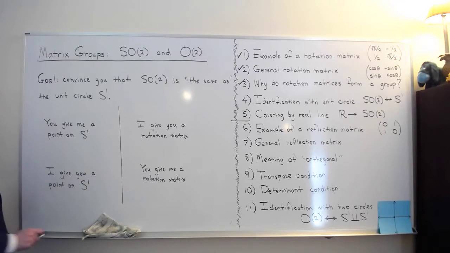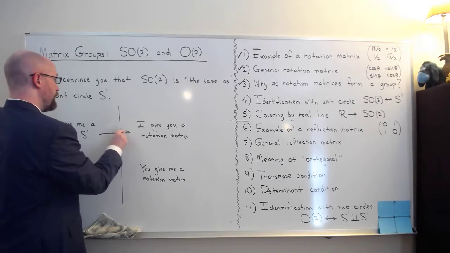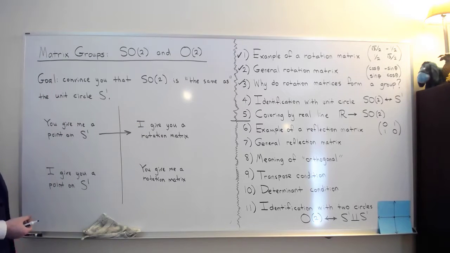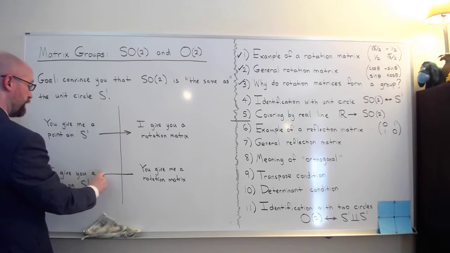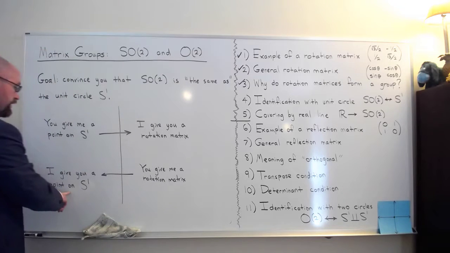on S1. Now, it's not good enough for just one of these to work. For me to start out with a point on S1 and be able to get a rotation matrix, it's not even good enough for both of them to work, where you start out with a rotation matrix and you get a point on the unit circle.